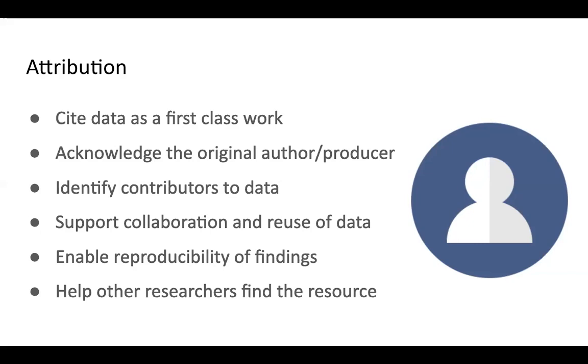The literature has actually noted that publications linked to publicly available data have been associated with increased citations. And data citation improves the connectivity and provenance tracking of data described in publications, helping researchers find existing resources to use.